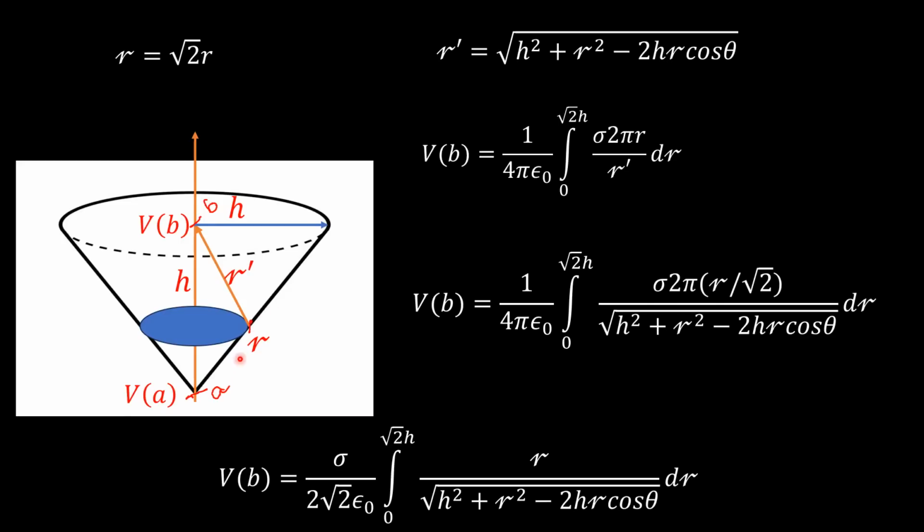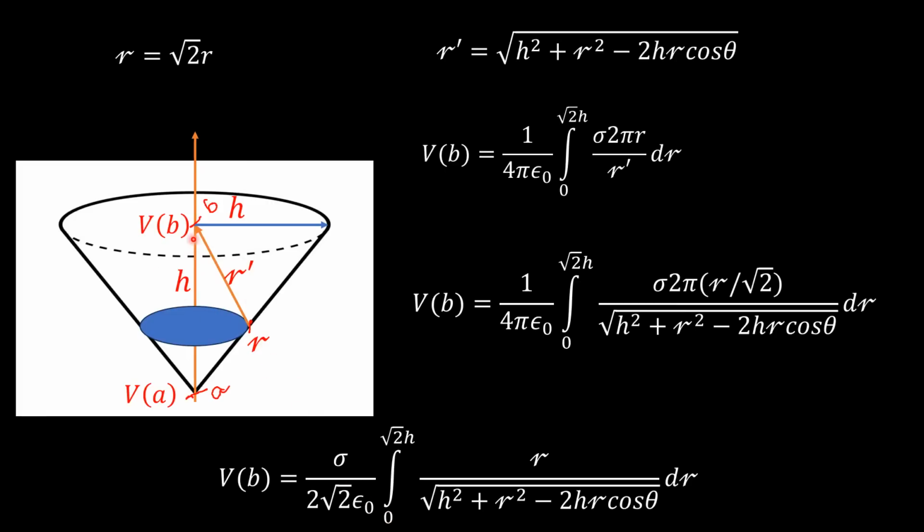Remember that script R is variable. In the previous case also we integrated over script R, that means script R is a variable. So what is this R prime? Using the cosine law, we can write this R prime.